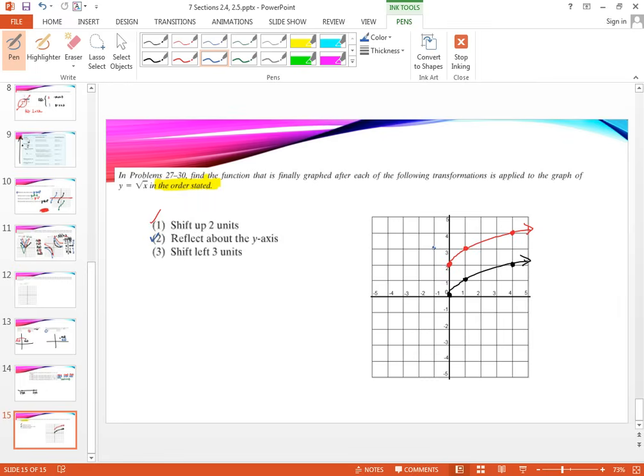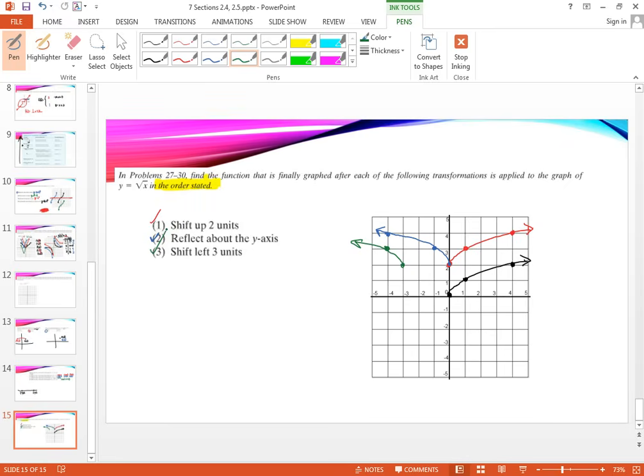Okay, so this point comes here, that point stays there, this point becomes negative 4, 4, like that. Okay, and then that one gets picked up and moved left 3. So like that. Okay. So now, if you do all that stuff in the order they tell you to do it, you end up with the green graph.